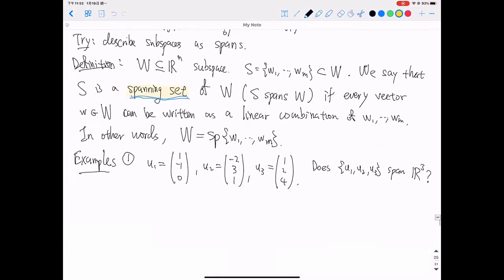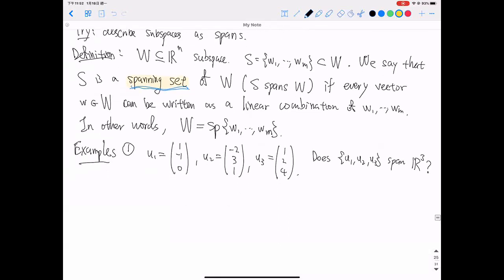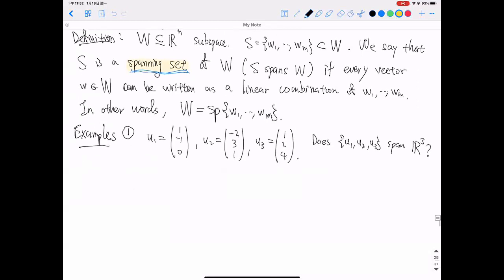That's a valid question. According to the definition of being a spanning set, what you need to check is whether any vector in R3 is a linear combination of the u's or not. So let's take an arbitrary vector in R3, call it v, say a, b, c.